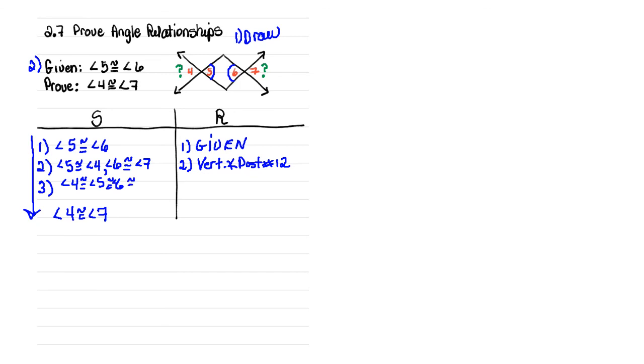Is congruent to angle 7. All right. Congruent angles are all congruent. Theorem 2.2, the congruency of angles. And therefore, angle 4 is congruent to angle 7.